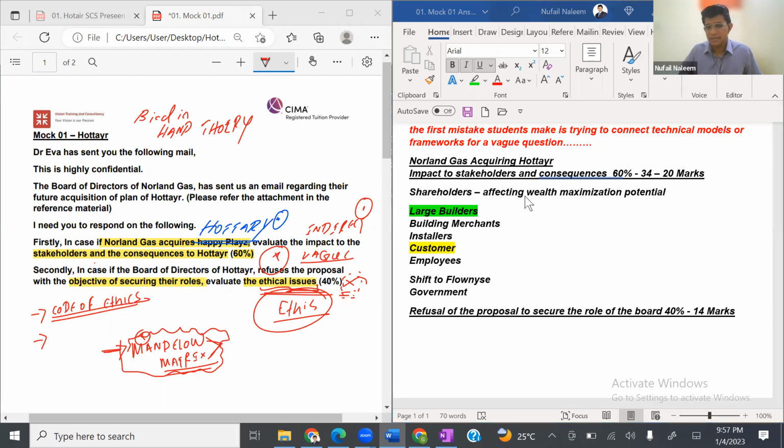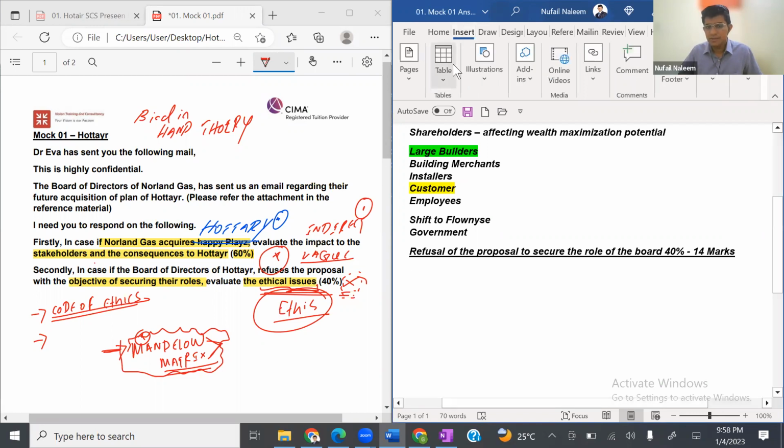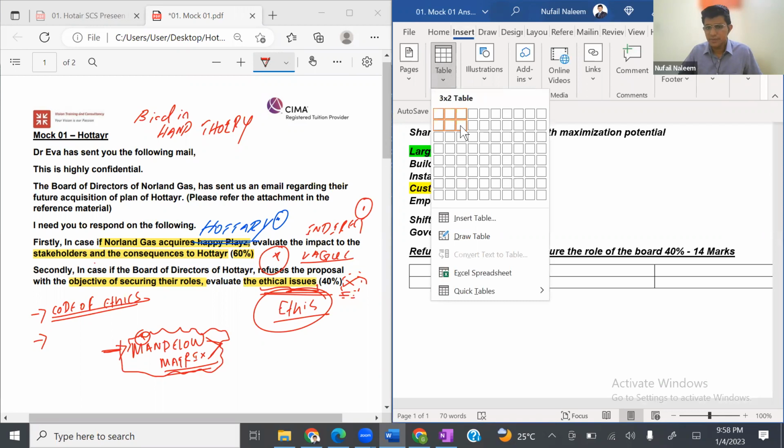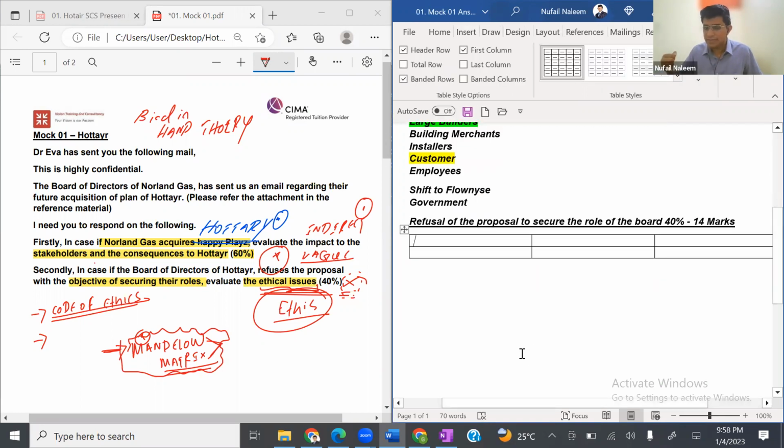Excellent. Now, refusal of the proposal to secure the role of the board. In this case, let's assume a little bit of ethics. This knowledge is not there in your textbook, but this is how we need to apply ethics in the case study, because these three situations are always tested.